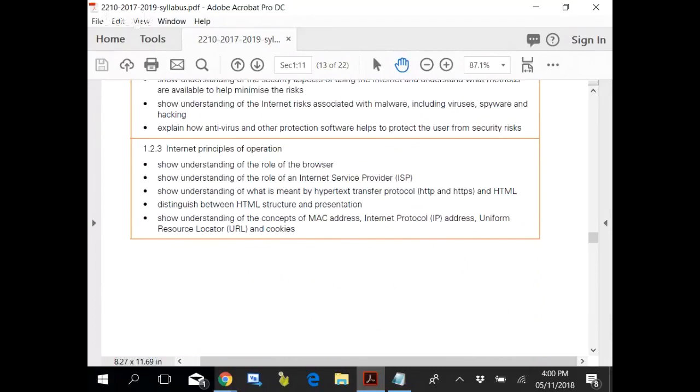All right. So HTML gives the skeleton, the parts which actually form the pages. And another thing, distinguish between HTML structure and presentation. Hold on, I've got one definition I would like to show.